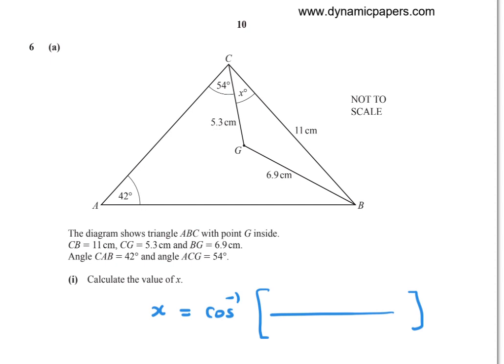So 5.3 squared plus 11 squared minus the opposite, which is 6.9 squared, over 2 times the two adjacent sides, which is 5.3 times 11, equals 29.5 to 1 decimal. So this angle is 29.5.